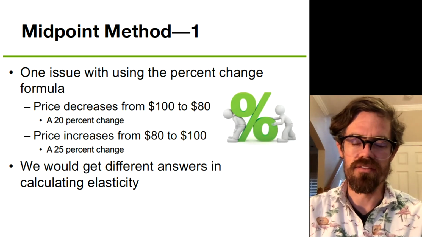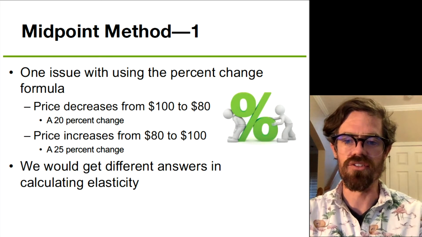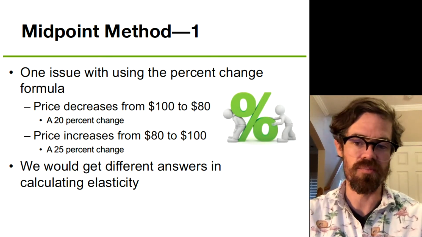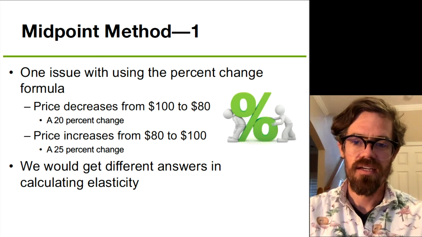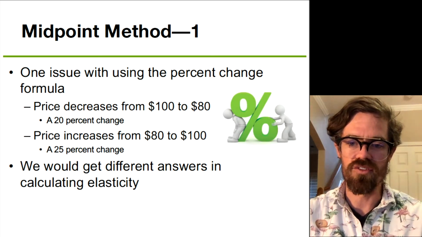Now think about going in the other direction, starting from $80 going to $100. The absolute change is still 20. It's a positive 20 this time, but the absolute change is still 20 in magnitude. But this time, if we were to use the usual percent change formula, our point of reference would be $80 since that's where we started.